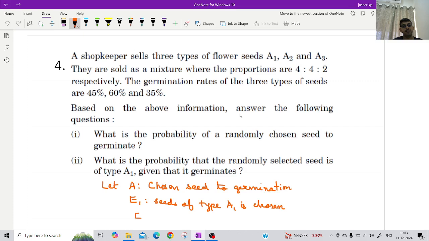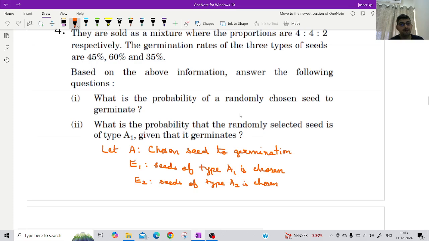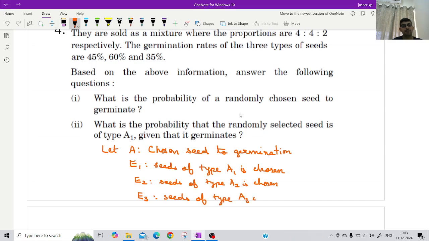Then E2 is seed of type A2 is chosen. Then there are three types, so the third one will be E3. E3 is seed of type A3 is chosen.